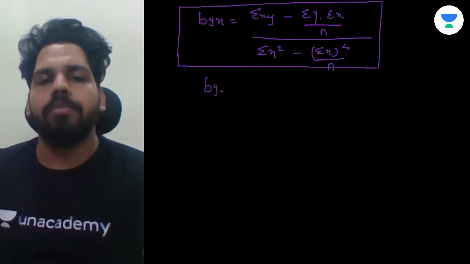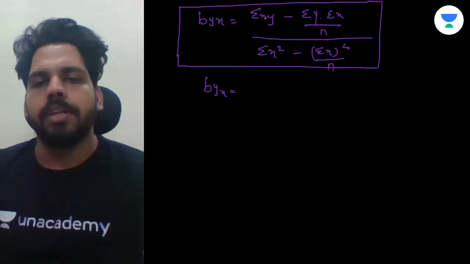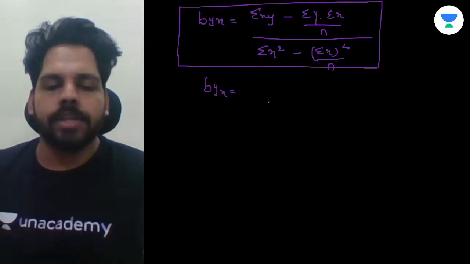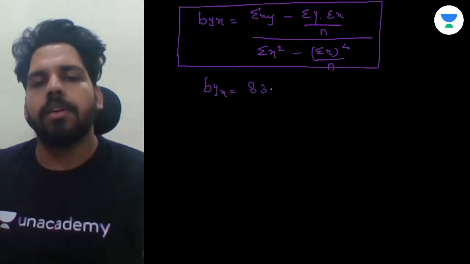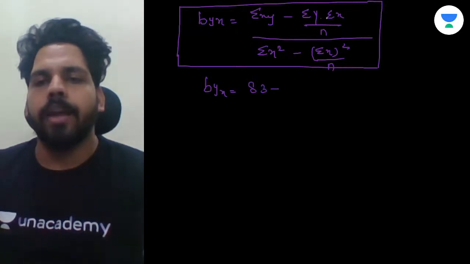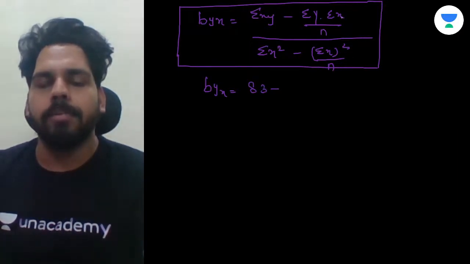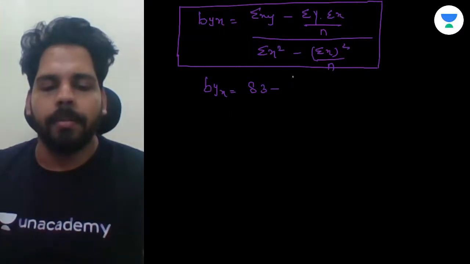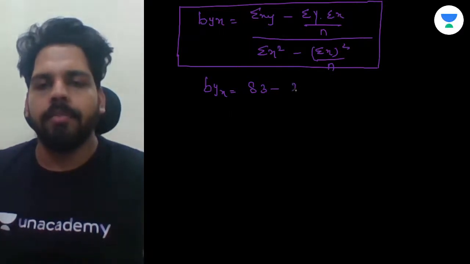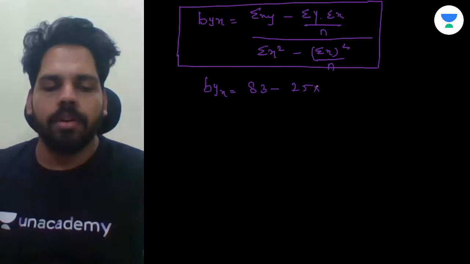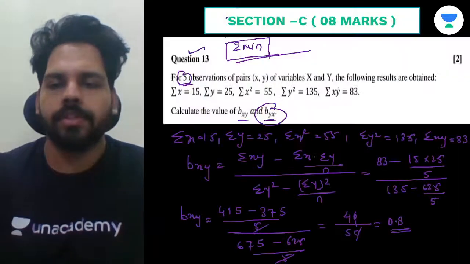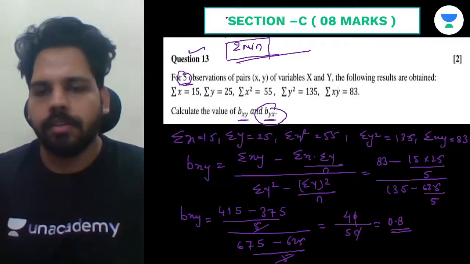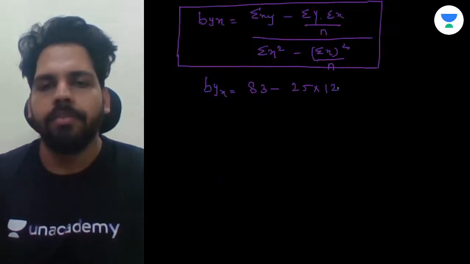So b of y on x will be equal to summation of xy. Summation of xy was given as 83, minus summation of y into summation of x. That will be 25 into 15.